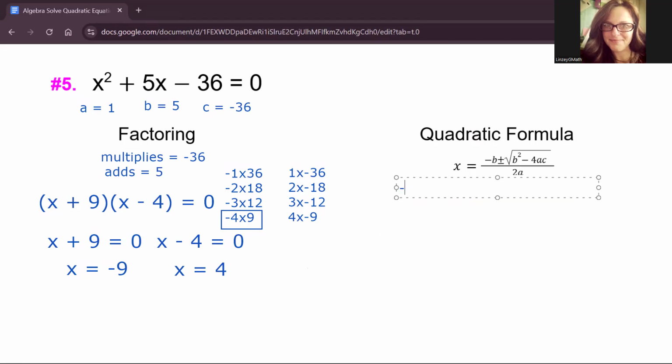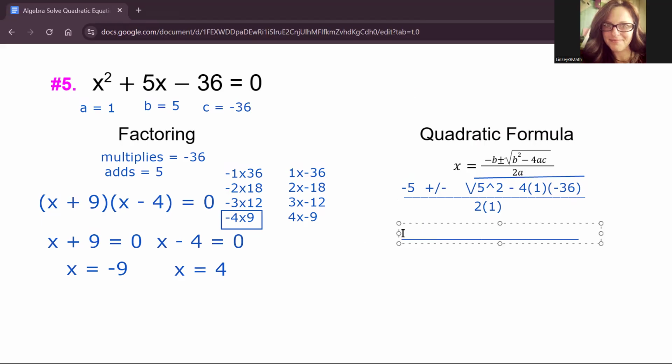The negative is part of the formula, and then we'll substitute 5 in for B, plus and minus the square root of B squared, 5 squared, minus 4 times A is 1, times C is negative 36, all divided by 2 times A, where A is 1. And we'll fill in this square root here. There we go.